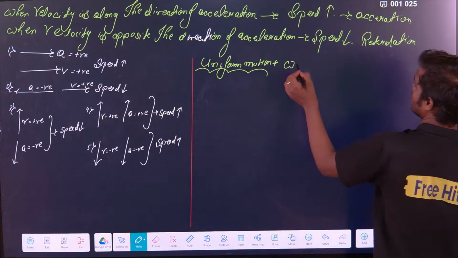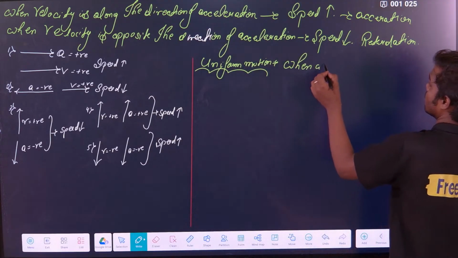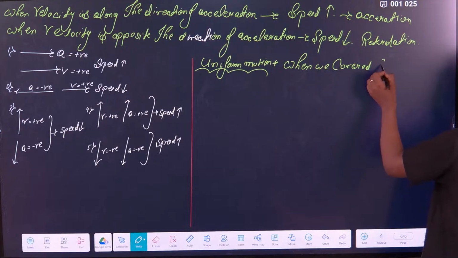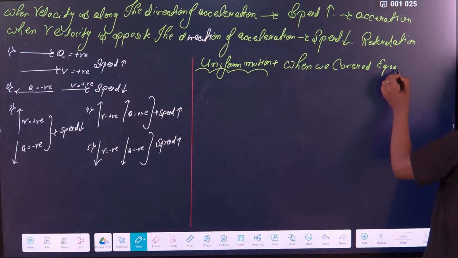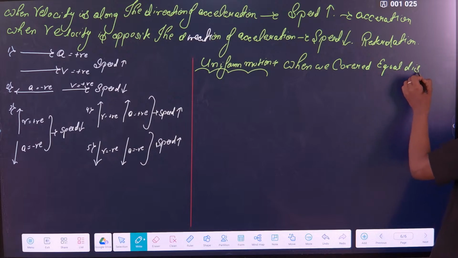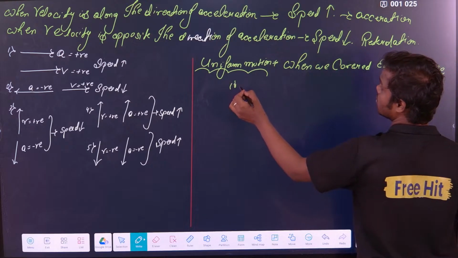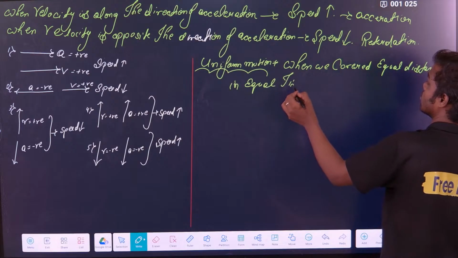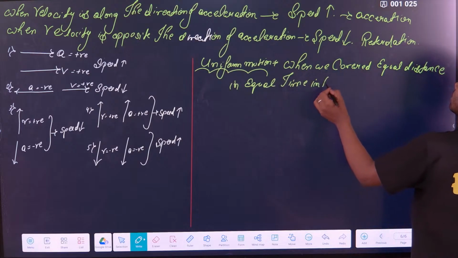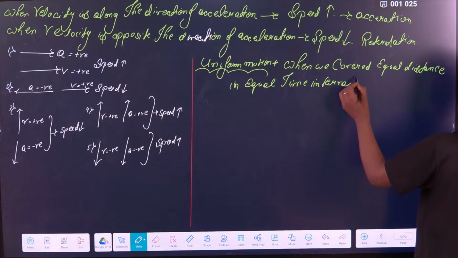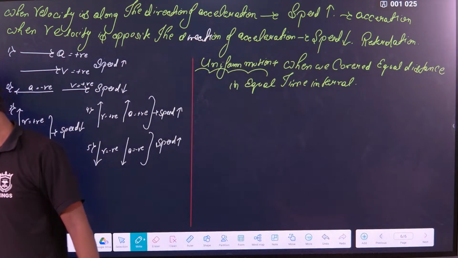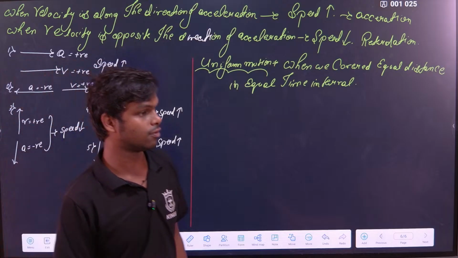When we cover equal distance in an equal time interval, it is called uniform motion.